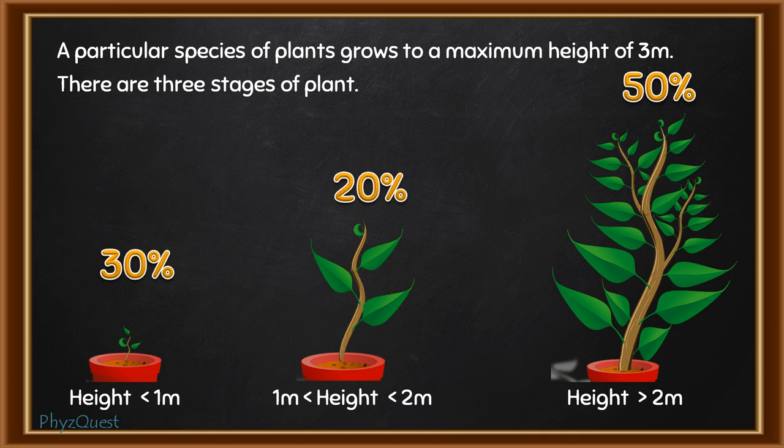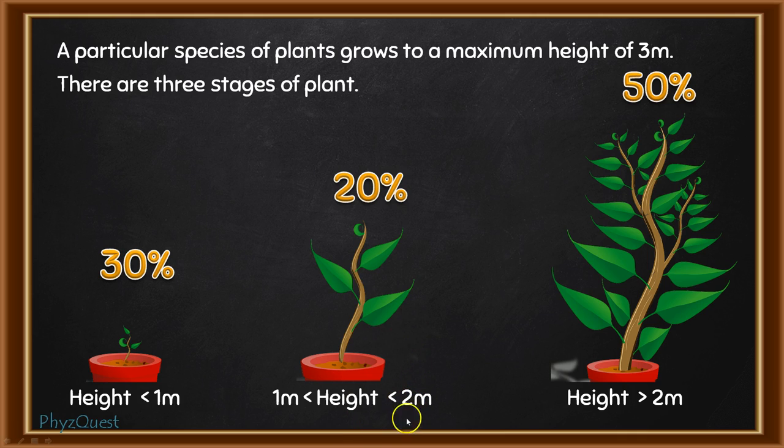That is only 20%. Now why is it minimum? It is minimum because plants cannot stay much time within this height range of in between 1 meter to 2 meter.